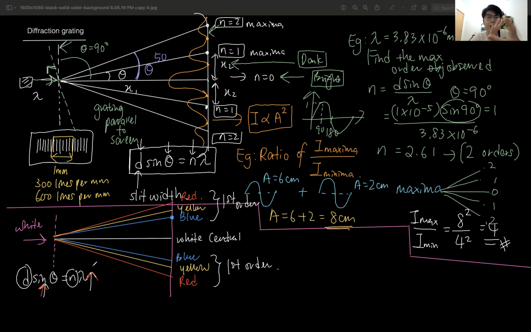That is based on the same principle, which is diffraction grating. If you zoom in, you take a very microscopic view of the DVD, the surface is not entirely flat. There are some regions where it is slightly raised. They call it the pits.